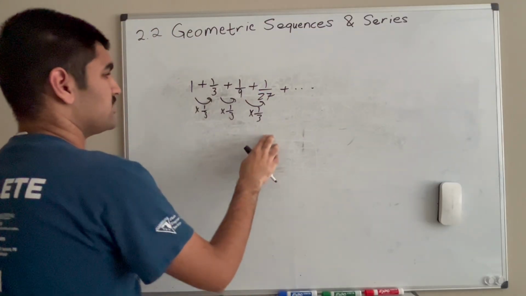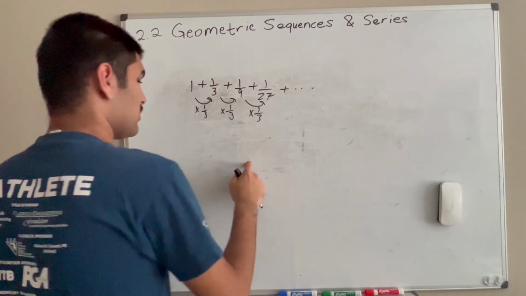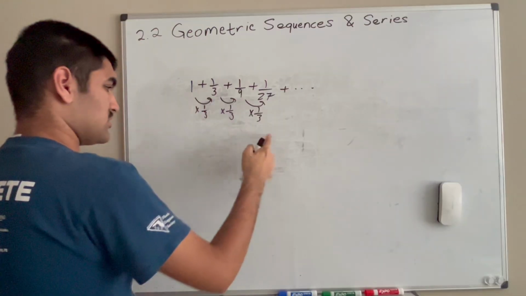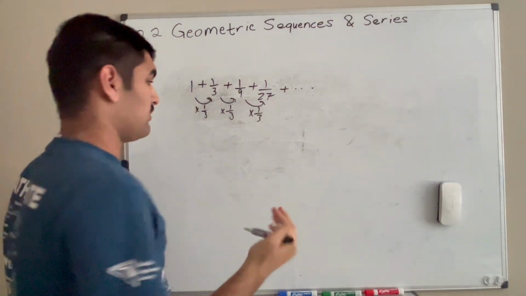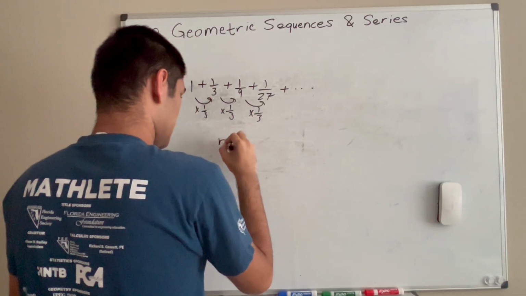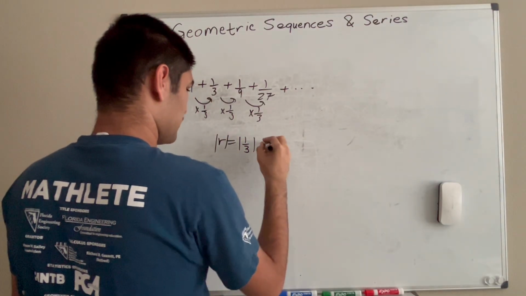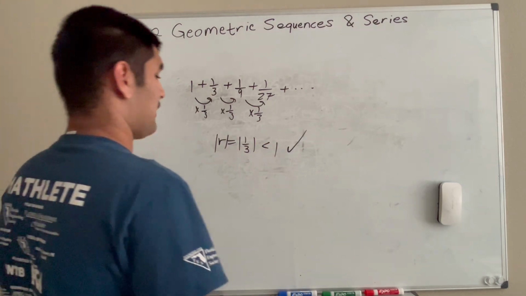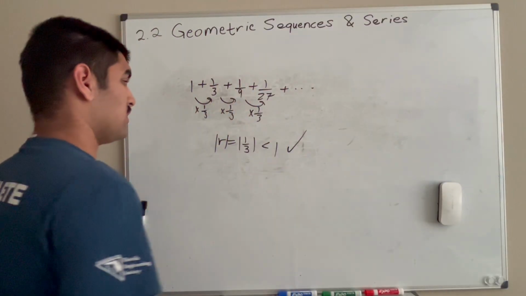It's a geometric series, and it's infinite, because this continues on forever. Now we have to check if it converges or diverges. It will converge if the absolute value of the common ratio is less than 1. The common ratio in this case is 1/3, and the absolute value of 1/3 is less than 1.